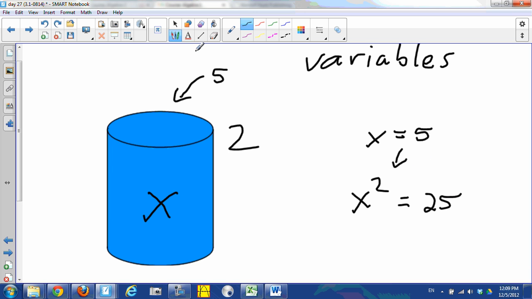Okay, suppose the bucket is holding the number -4. Then we would say that x equals -4. And x squared would be 16, -4 times itself.